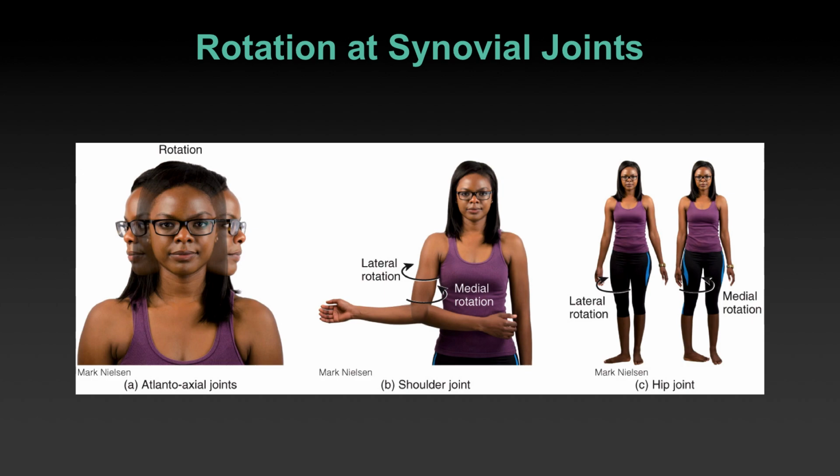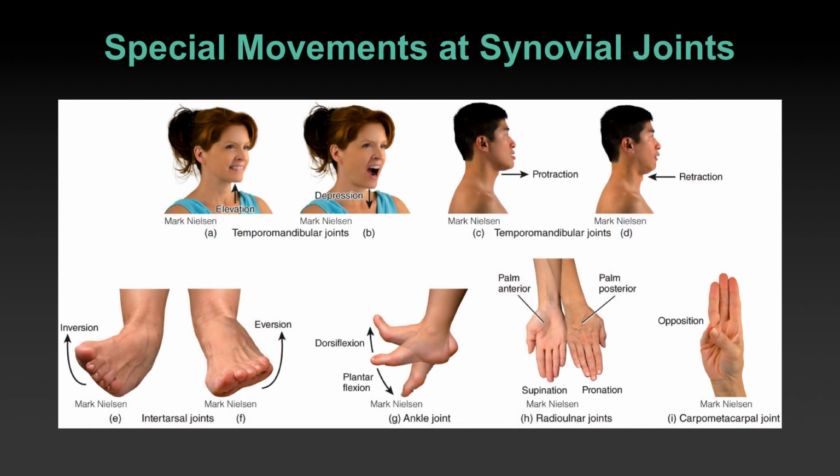And then we have other types of movement that are not as well defined, that are special types of movement, that don't conform to circumduction or flexion or abduction. They're a different kind of motion that isn't necessarily common.